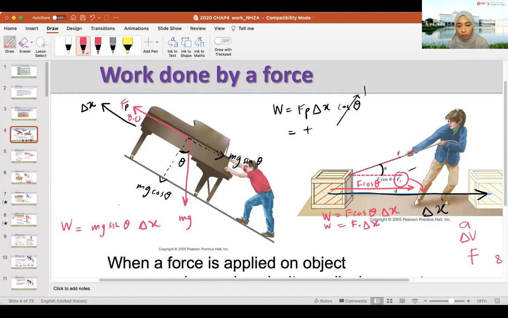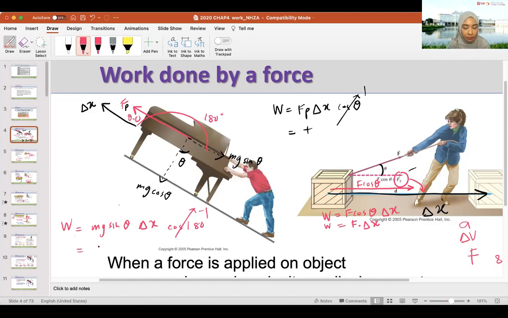And what is the angle between mg sine theta and delta x? It is 180. The angle between delta x and mg sine theta is 180. So cosine of 180 will give me minus 1.